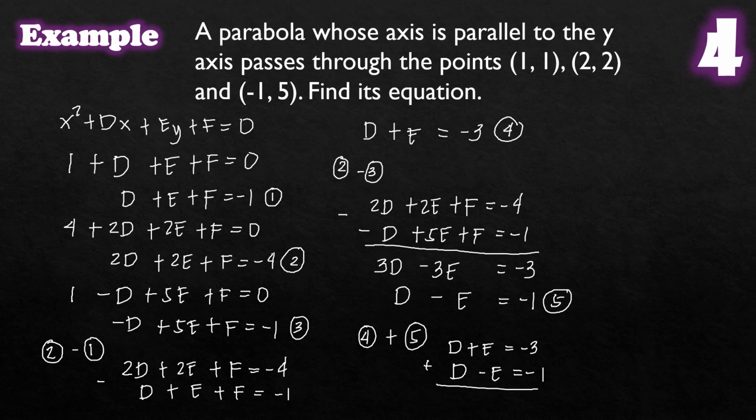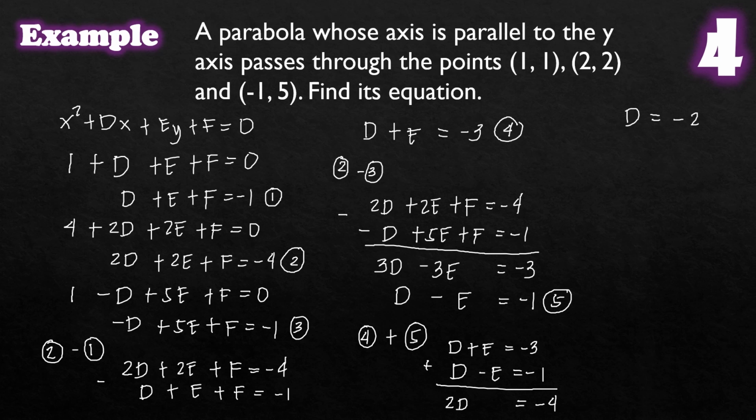Adding the two equations, we will have 2d plus e plus negative e equals 0. Negative 3 plus negative 1 is negative 4. Dividing both sides of the resulting equation by 2, we now have the value for d that is equal to -2.